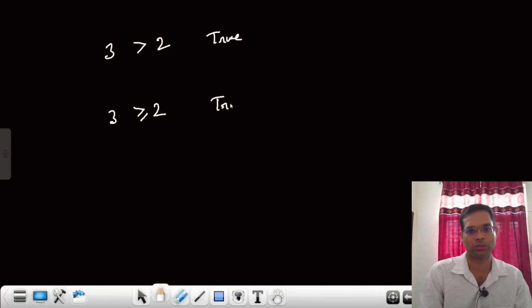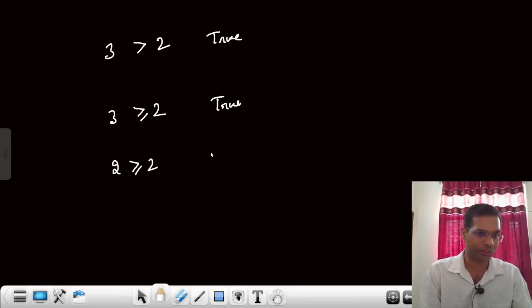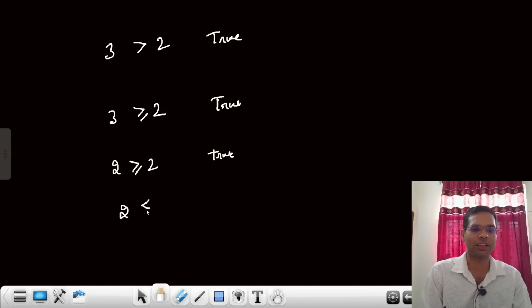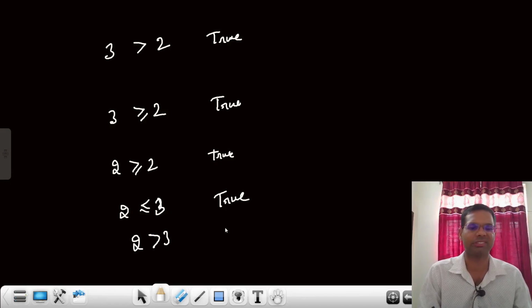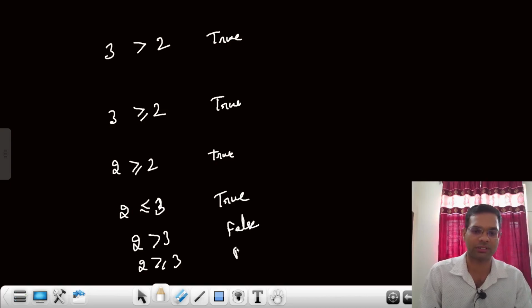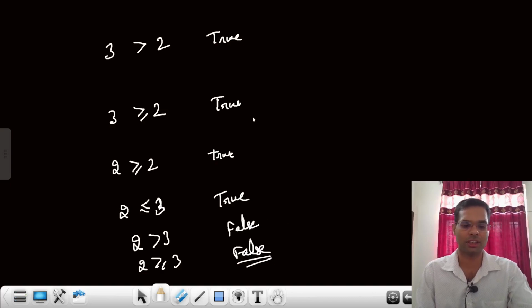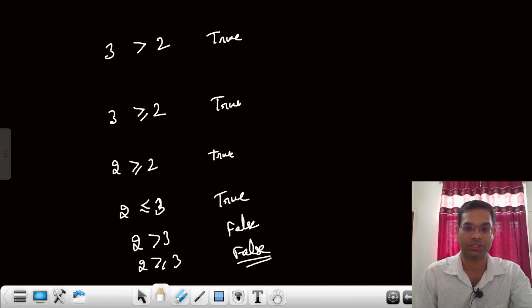So it's still true. 2 greater than equal to 2 is true, as it is equal. 2 less than equal to 3 is true, as it is less. But 2 greater than 3 is false. 2 greater than equal to 3 is neither equal nor greater, so again false. I hope you understood the difference between inequations and equations.